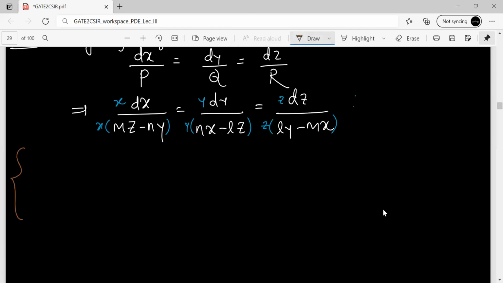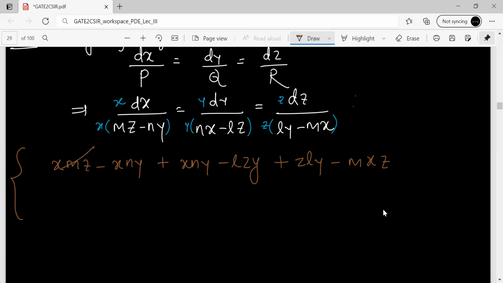Roughly, we get x mz minus x n y, and then x n y minus l z y, and then z l y minus m x z. Now see what sign I should put here so that all of them get cancelled. So x m z and minus x m z, and minus n x y. This should be plus, and this should also be plus.